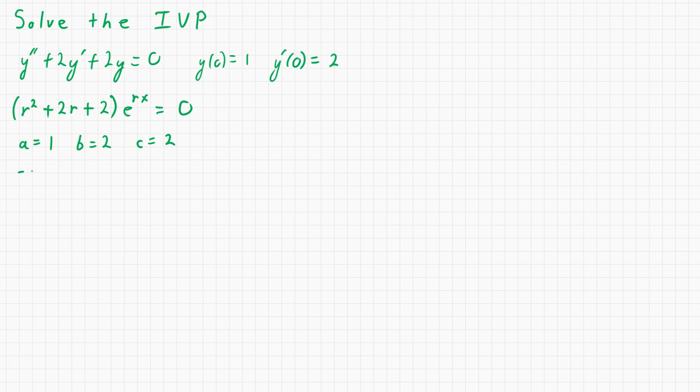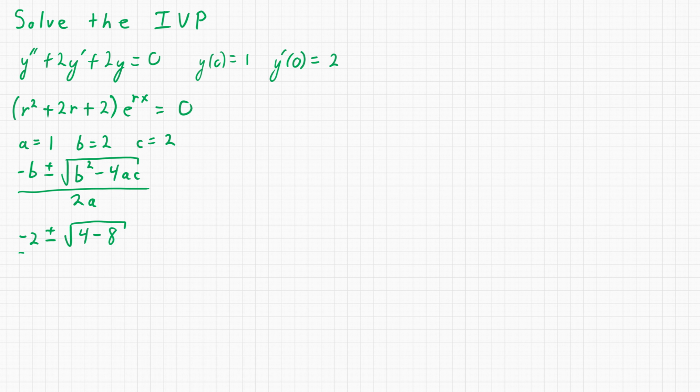All right, so we have negative b plus or minus the square root of b squared minus 4ac over 2a. And we're plugging all that in. It's negative 2 plus or minus the square root of 2 squared, which is 4, minus 4 times 1 times 2, so that's minus 8, and it's all over 2 times 1, so 2.